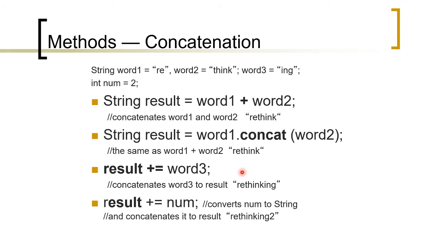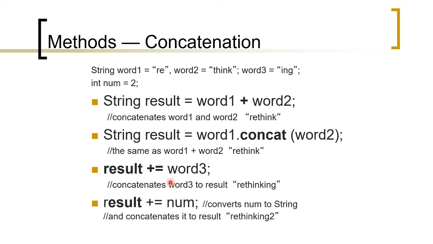And then you can actually concatenate using plus equals. It's actually equivalent to result is equal to result plus word3. If you can still remember in our looping structures discussion, we do have this operator which is plus equals. So it concatenates word3 to result.